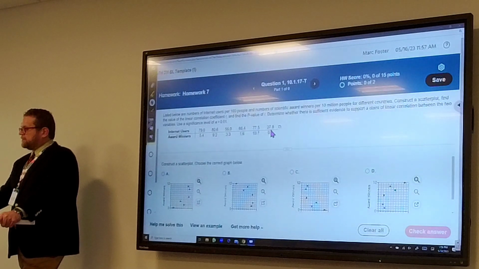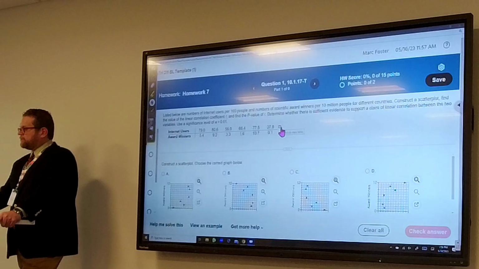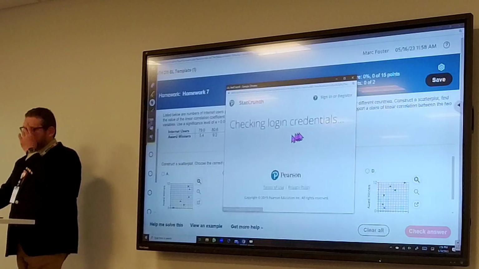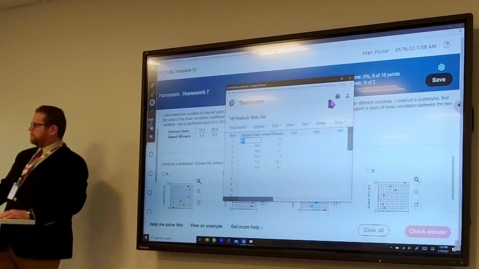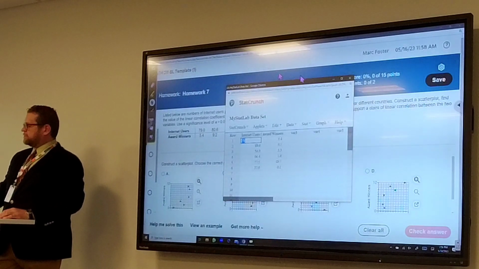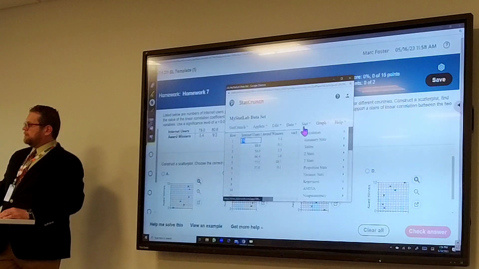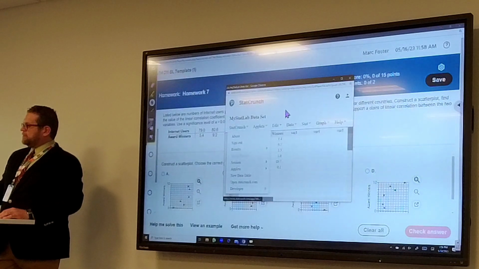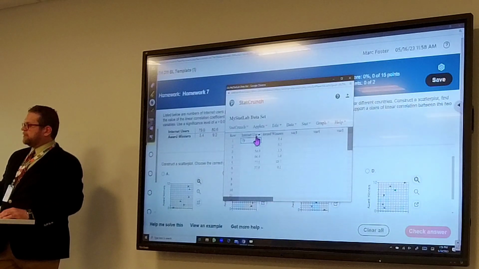That's probably what they're thinking. And the first thing that we'll do is open our data in StatCrunch so that we can do the Stat, Regression, Simple Linear. So it opens the data, it even names the variables, internet users, award winners.